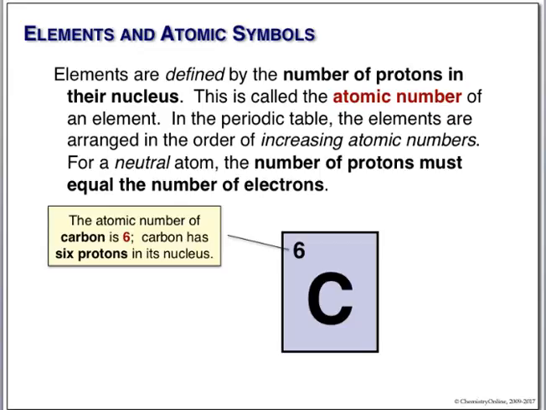The number of protons defines what the atom is. Doesn't matter how many neutrons it has, doesn't matter how many electrons it has. Anything that has 6 protons is going to be a carbon. The number of protons defines what element it is. And again, that's called the atomic number. Any questions? Very important concept.